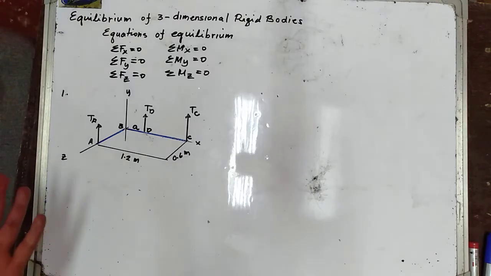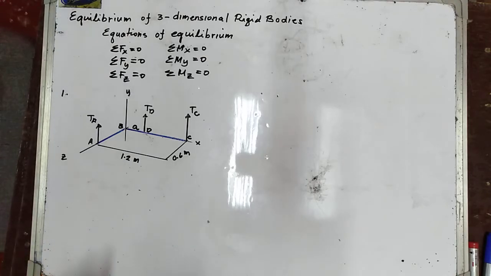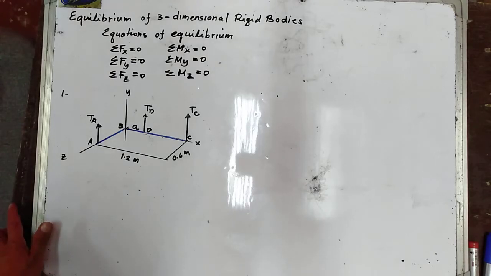Now, in order for the rigid bodies to be in equilibrium, we have the common types of supports and connections.